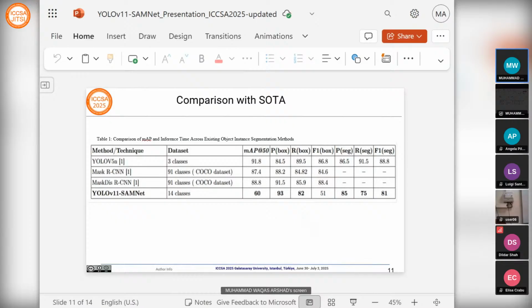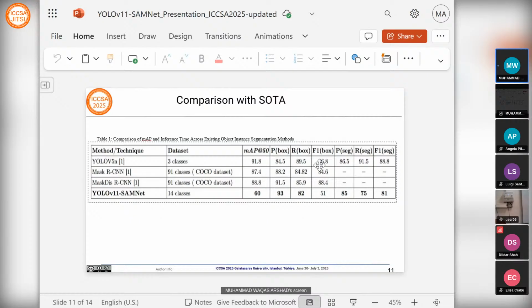In our research regarding the previous literature, we found one piece of work that used YOLOv5, in which they only used three classes, and they gave this result.